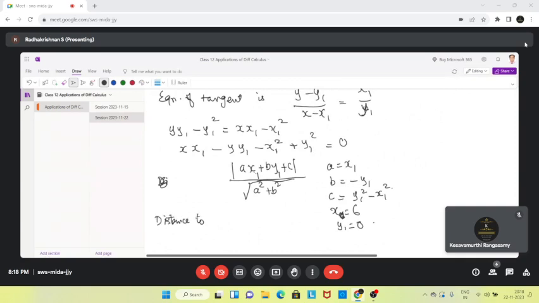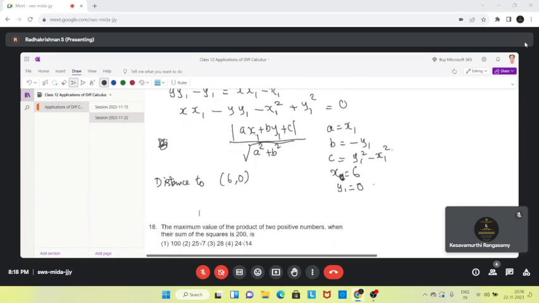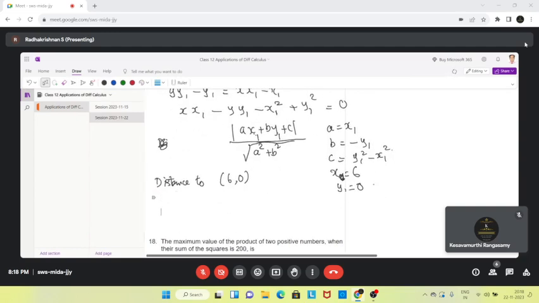So the distance is equal to ax1, right? A itself is x1, so x1 square.